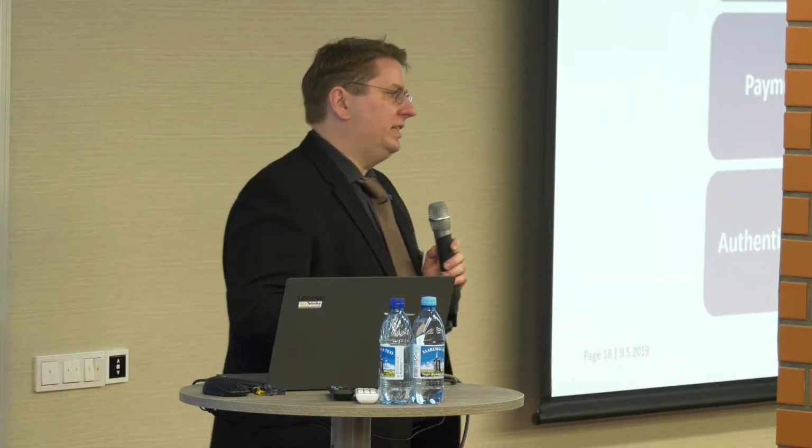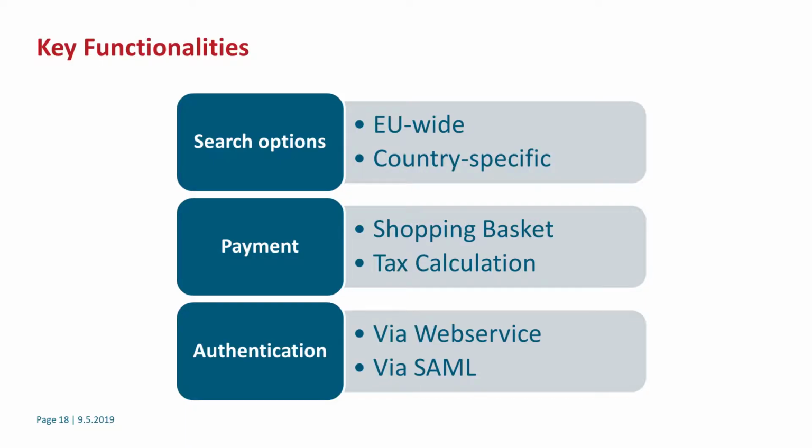So key functionalities, of course, there is the search function, and there are two search options, which I will demonstrate in a couple of minutes. There is an EU-wide search, which is the main intent of the land register search, where you can do a cross-border search throughout the connected member states. There is also the option to do a country-specific search.